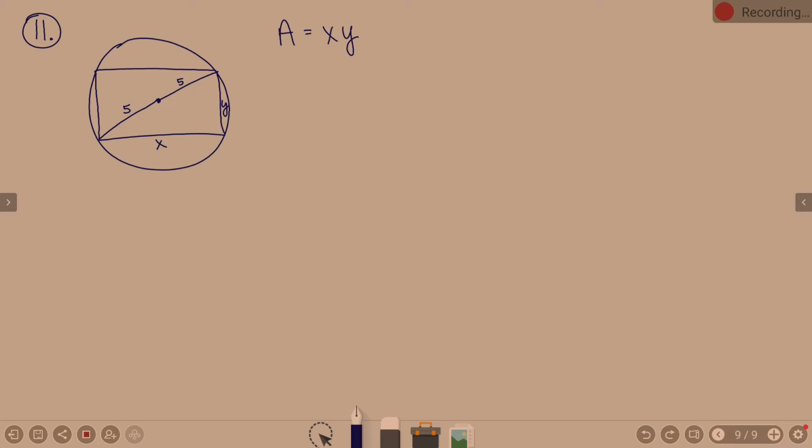There are 2 triangles. And what do we know about this triangle here? If that's a right triangle, then I could use the connection that x squared plus y squared is equal to 5 and 5 is 10, and 10 squared.